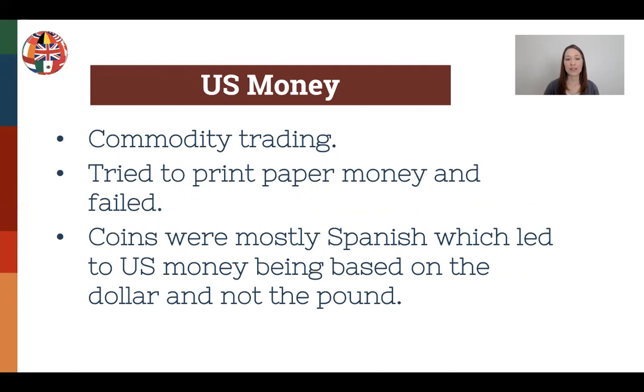So there may be state money, there may be the Continental Congress money, and you may have to do some research to figure out in the time period in that document what they're talking about. But just be aware that coins in the US were mostly Spanish, and so that is why US money is based on the dollar and not on the pound.